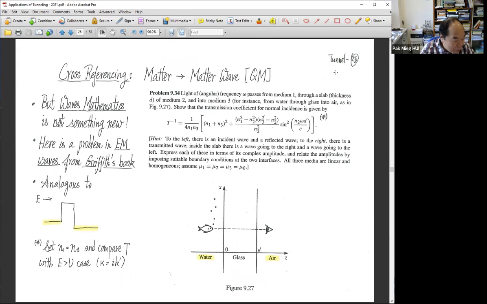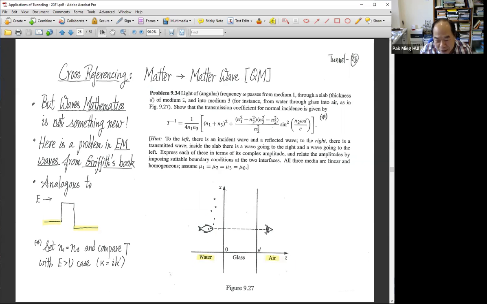I know that some of you have learned E&M, so I take a page from Griffiths' exercise, a problem in the chapter, and it asks you to solve the following problem. The fish is in water, there is a glass, you are in the, what do you call it? Aquarium, okay?